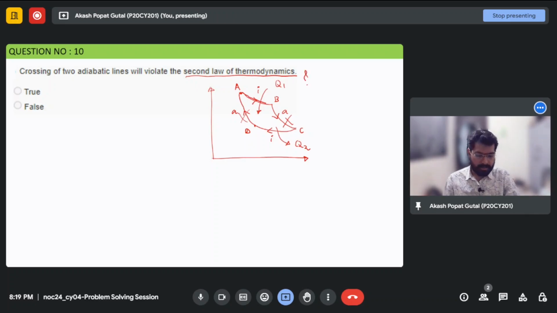If we cancel out these two adiabatic lines, we will see A to B and C to D process will become the same.